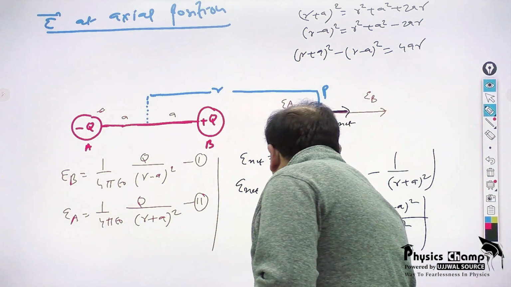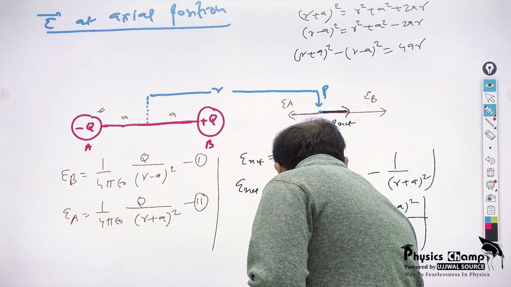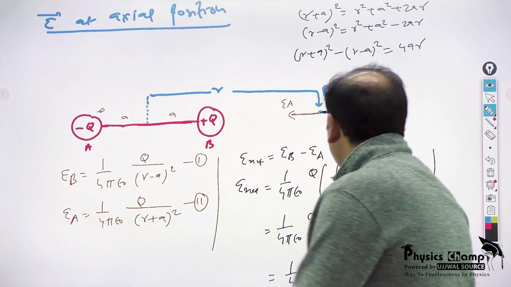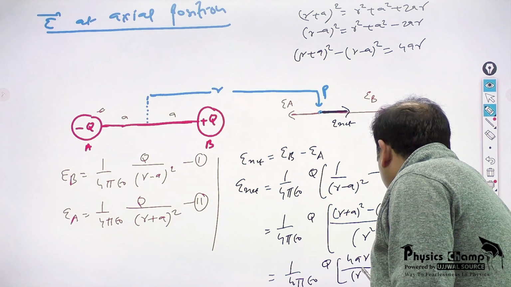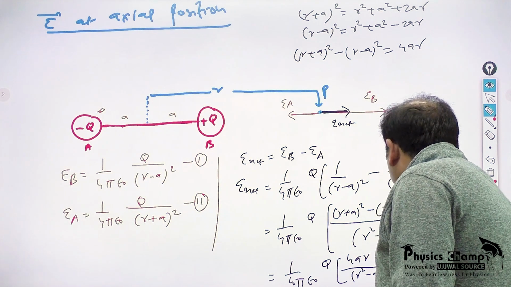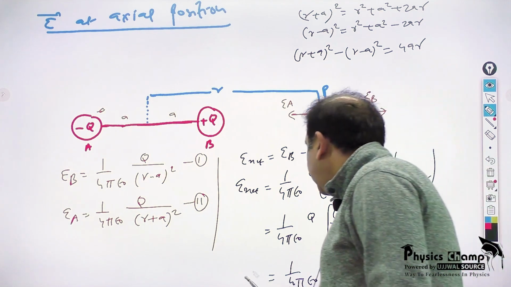So the net electric field is 1 by 4 pi epsilon naught Q into 4ar by (r square minus a square) whole square. This is the net electric field.